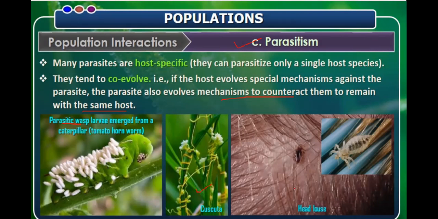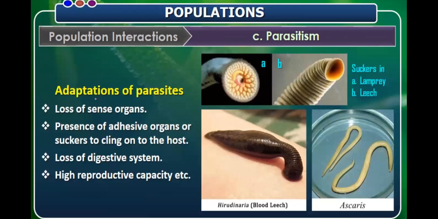Cuscuta, red louse, these are some of the parasites. Adaptation of parasites: loss of sense organs, presence of adhesive organs or suckers to cling onto the host, loss of digestive system because they are getting digested food material, high reproductive capacity.